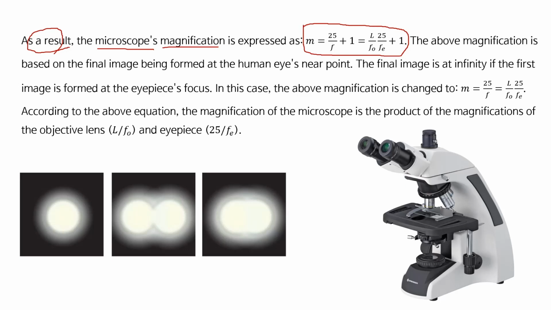The above magnification is based on the final image being formed at the human eye's near point, 25 centimeters. The final image is at infinity if the first image is formed at the eyepiece's focus. In this case, the above magnification is changed to this relationship. The +1 is different, right?